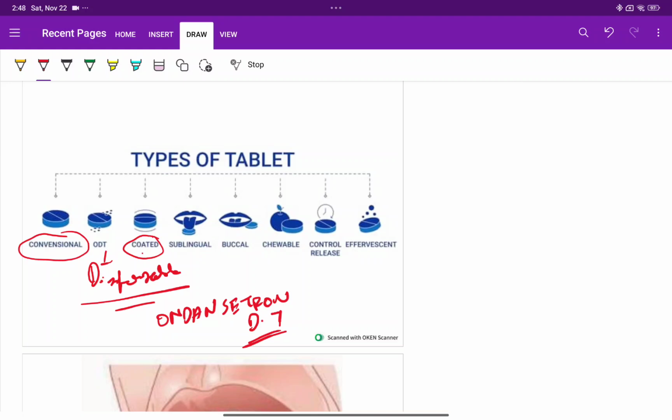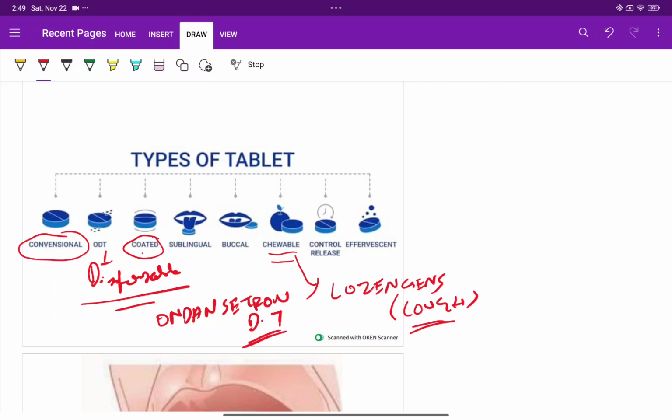Then sublingual tablets, which are kept below the tongue for faster absorption. Then buccal, the drugs which are placed in the buccal cavity. Then chewable, examples are the lozenges we give for cough, to soothe the throat.